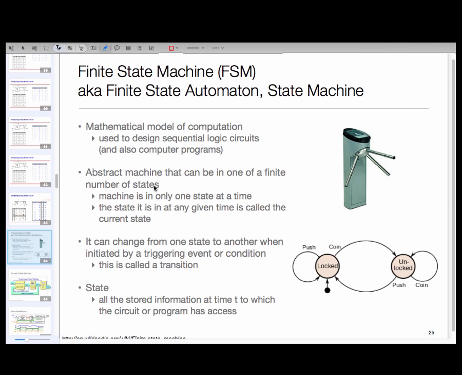So it's an abstract machine which can be in one of a finite number of states. Now, the finite number of states is true for any physical system. We don't know how to make physical systems which can have infinite state. Even if you were to harness every subatomic particle in the universe, it is still a finite number of them. So in reality, every computer is a finite state machine.